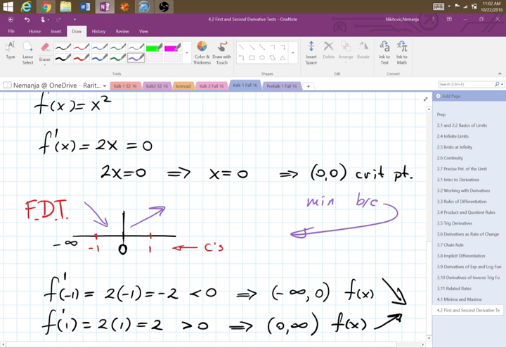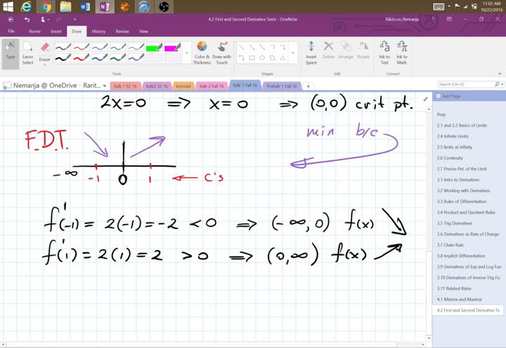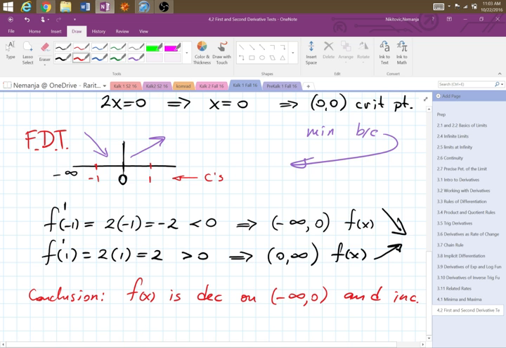So now what do we know as a conclusion? And I'll write this in red because this is your solution for the problem. F of x is decreasing on -∞ to 0 and increasing on 0 to infinity.